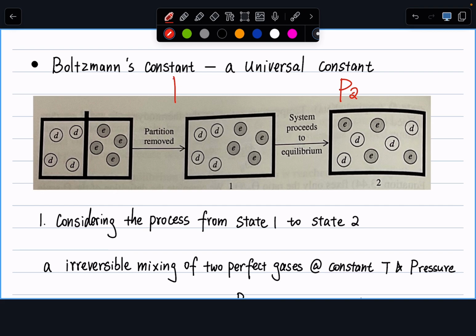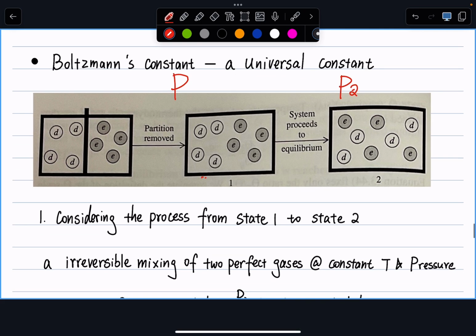We also want the probability of this situation. Now this P2 is quite straightforward. This one is already at equilibrium, and when we're dealing with an equilibrium state, we say the probability of that equilibrium state happening is only infinitesimally smaller than 1. Or we can say P2 is almost equal to 1.